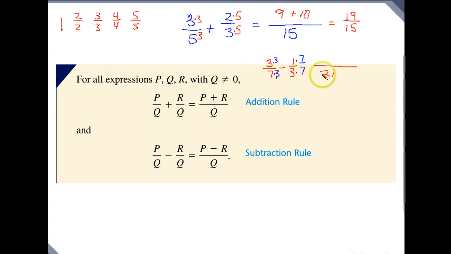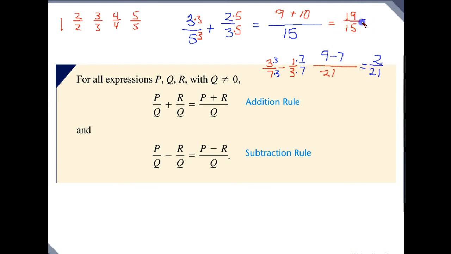Again, we want to get our common denominator here. So this will be 9 minus 7. So now that we have common denominators, we just subtract our numerators and we get 2/21.